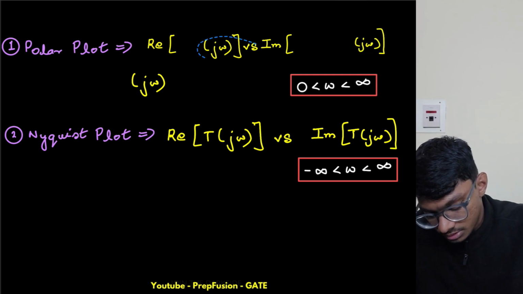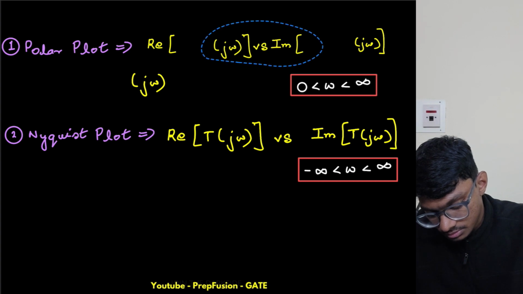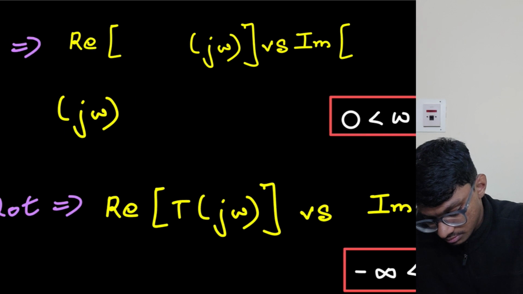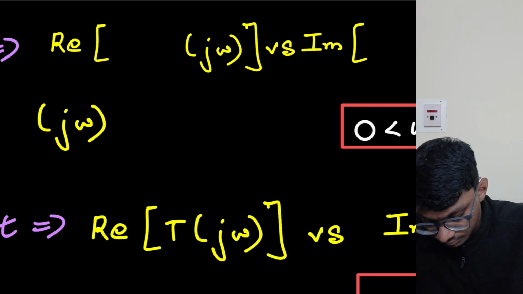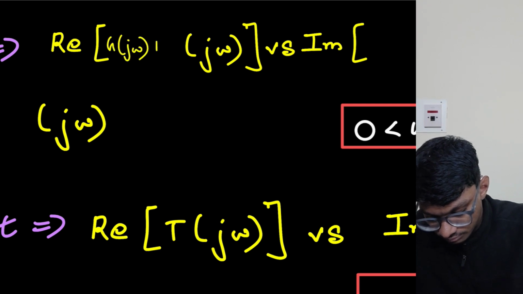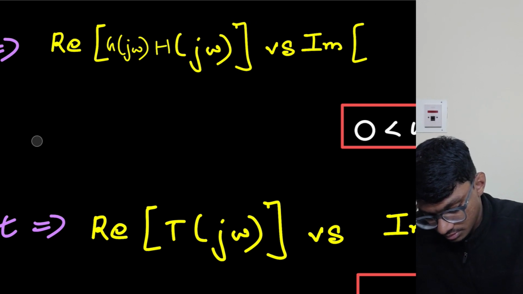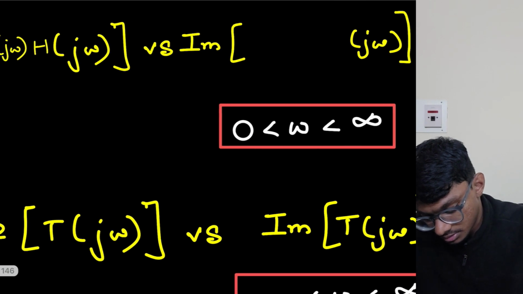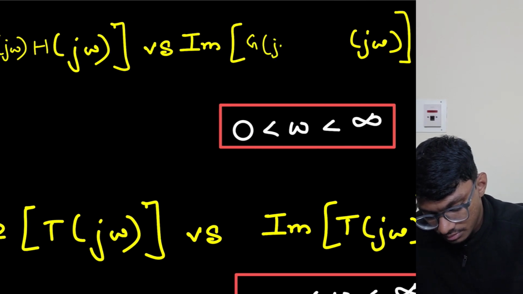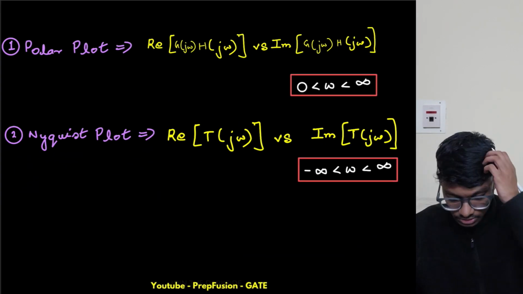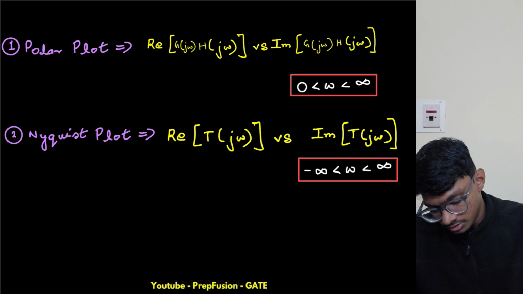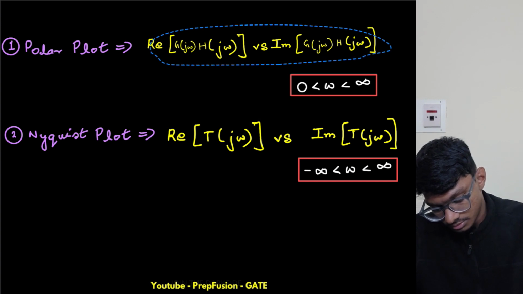Generally we plot the OLTF, not T of j omega, because T of j omega is the closed loop transfer function, so that you don't get confused. I will copy this one and paste it here.